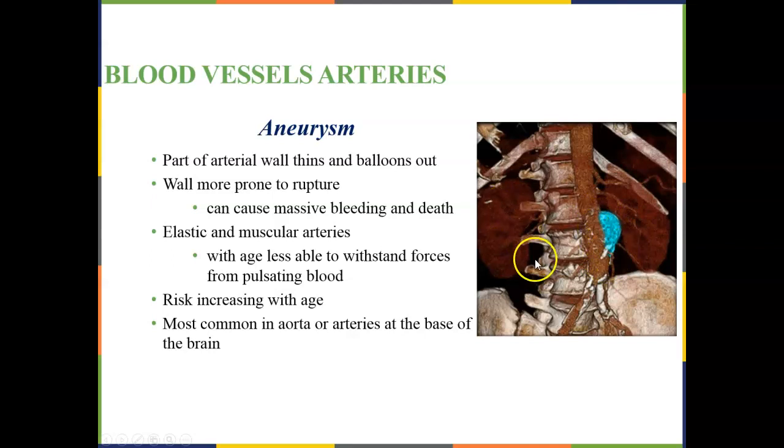Typical areas that you get aneurysms are in the aorta or in your carotid arteries where you have a lot of pressure. If the wall of the artery starts to thin out, then you can get blood pooling in that smooth muscle layer. If it ruptures, then you're going to have very rapid loss of blood, and that can lead to death.